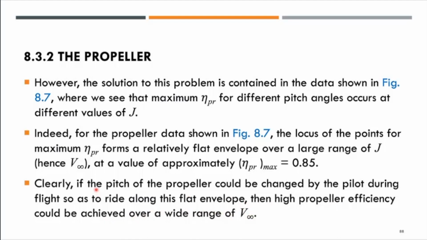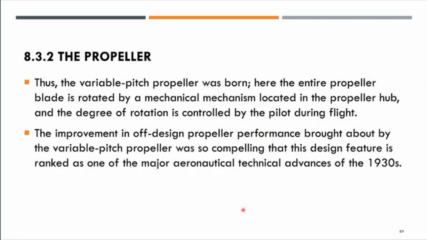So, basically, if the mechanism of the propeller pitch could be altered so the pilot can control the pitch angle, then they can have a high propeller efficiency over a wide range of free stream velocity. Thus the variable pitch propeller was born.